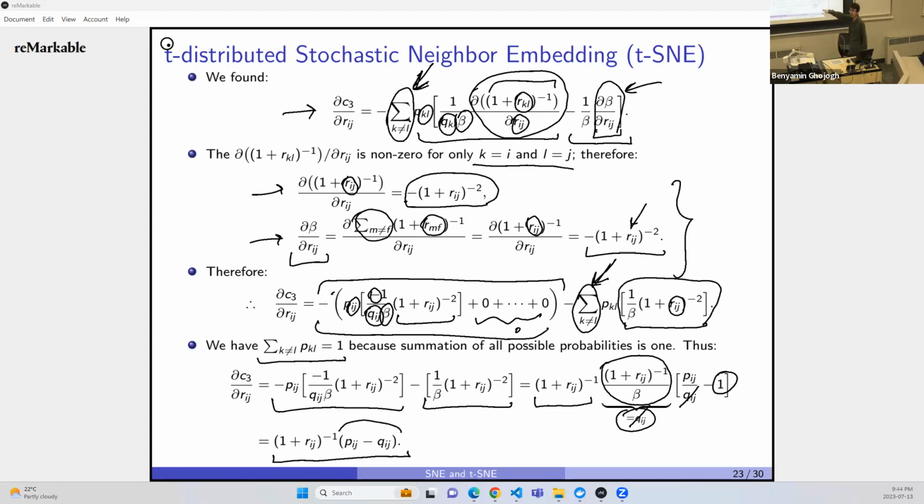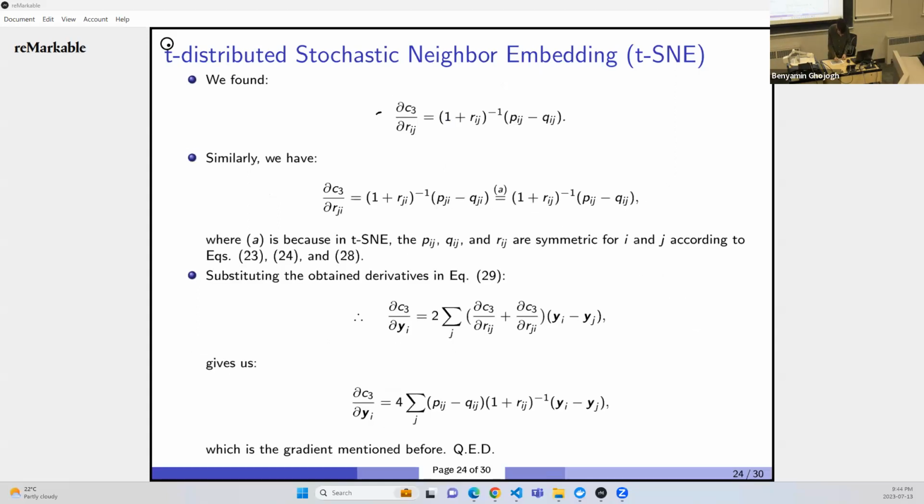Did you see how we simplified the derivative of C3 with respect to Rij? This was one of the derivatives in the term. So this is what we found. Likewise, we can find the derivative of C3 with respect to Rji. This was Rij, and for Rji, we need to change the order of the i and j.